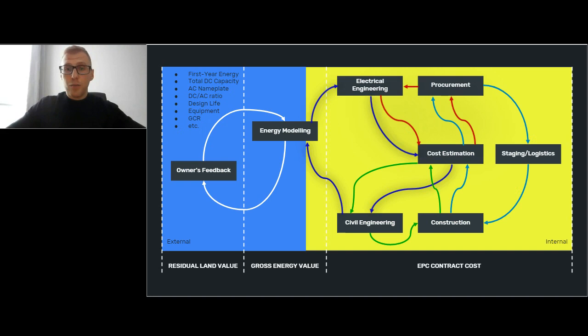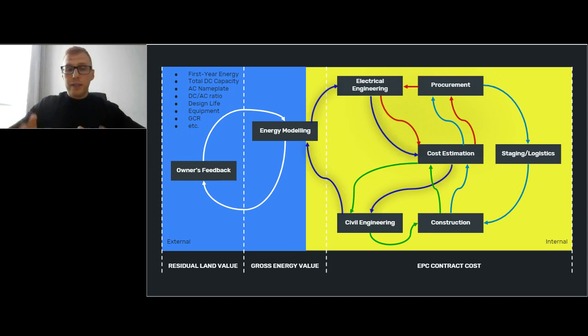The job of those people is usually broken down into areas of expertise or disciplines. When you produce a layout, those many different areas of expertise overlap. The most important ones you can see on the slide: energy modeling, electrical engineering, procurement engineering, cost estimation, construction, civil engineering, and many more.